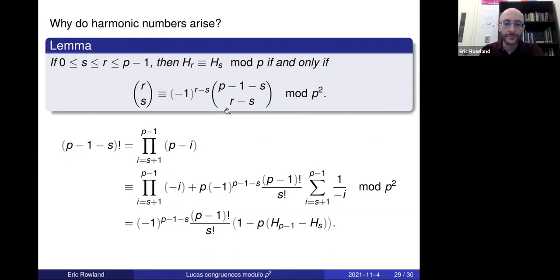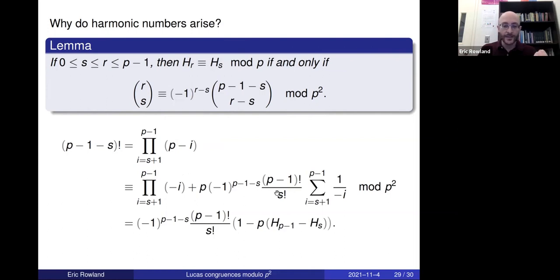The reason basically comes down to when you're expanding factorials. The numerator of p minus 1 minus S choose R minus S is p minus 1 minus S factorial. You can write this as this product. And then if you expand, you want to collect everything you can.